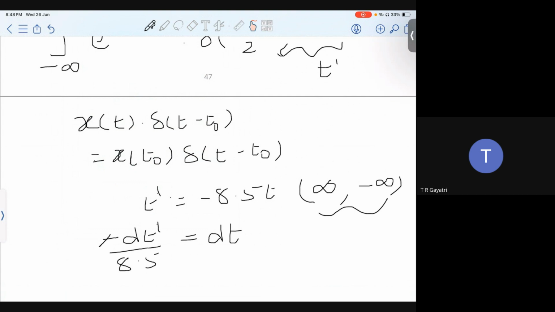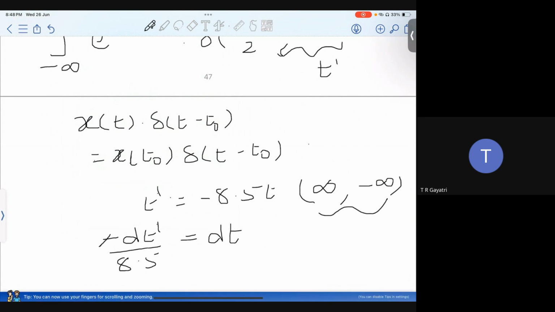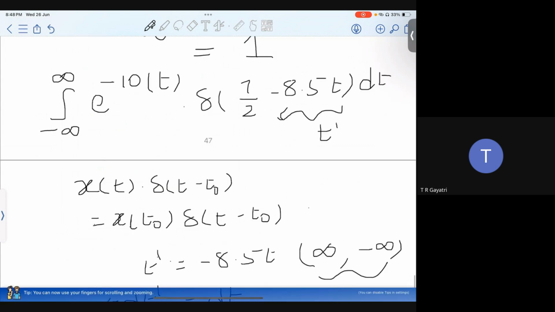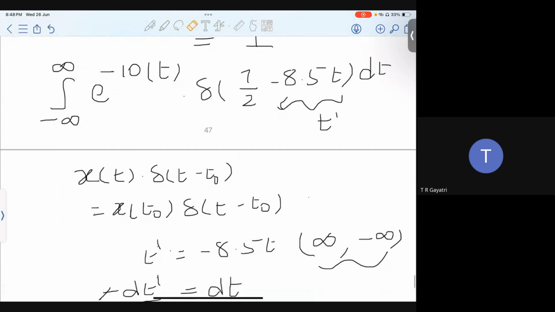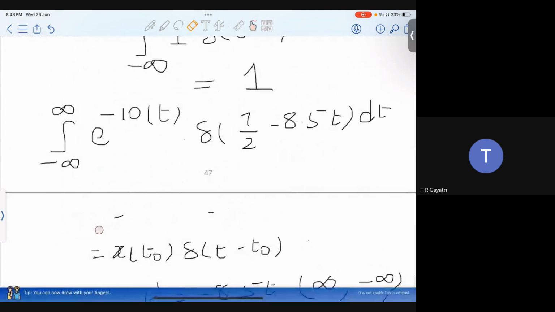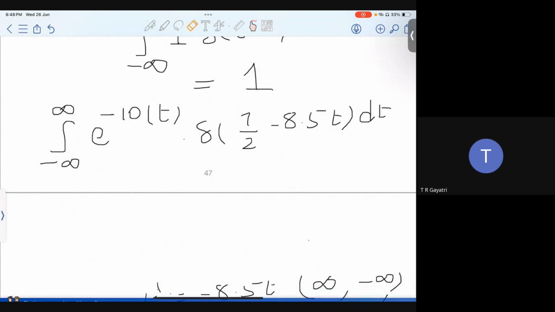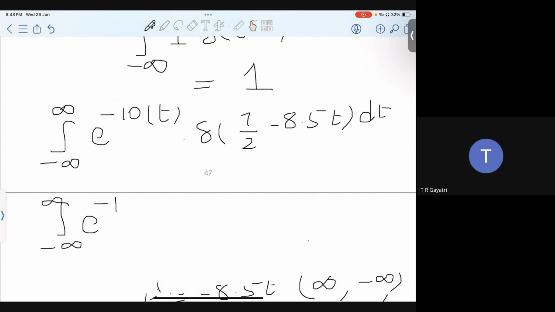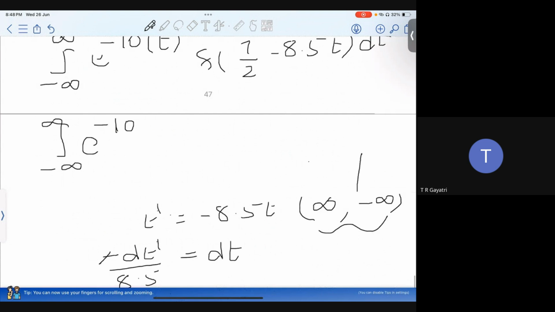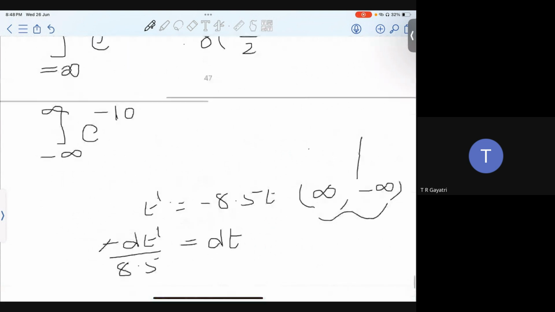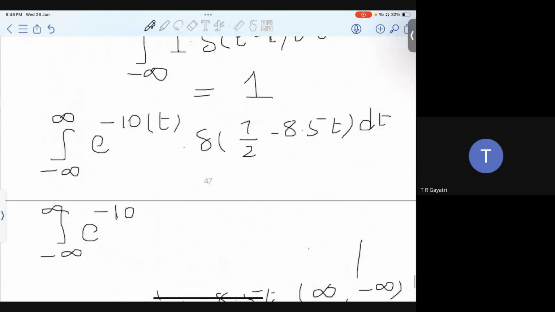And what happens to the original expression now? When you see the original expression, you can now write it as the integral from minus infinity to infinity of e power minus 10 times t, where t is t prime by minus 8.5.